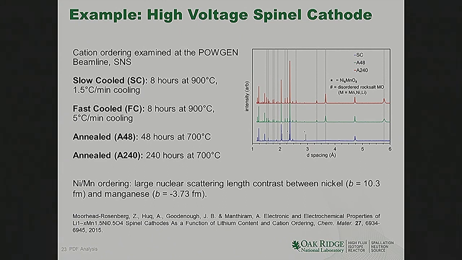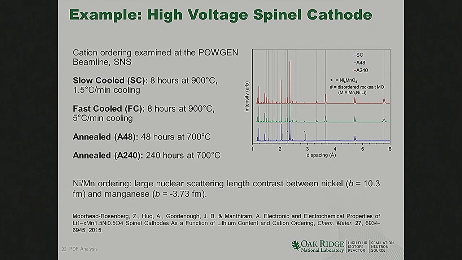And then we have ones that have been annealed, and that's when you see the A here, one for 48 hours and one for 240 hours. Actually, these two looked extremely similar by diffraction, and in the paper, they only show one of them. And then there's a small increase in ordering when you go from 48 to 240 hours.